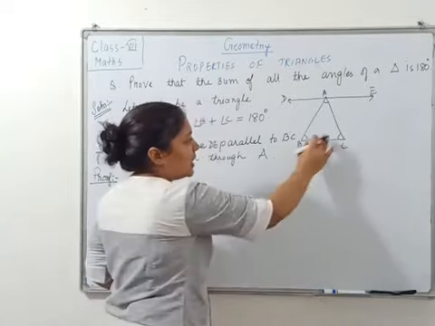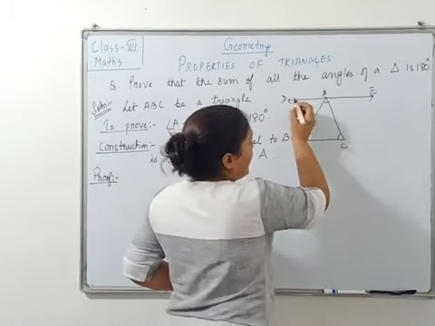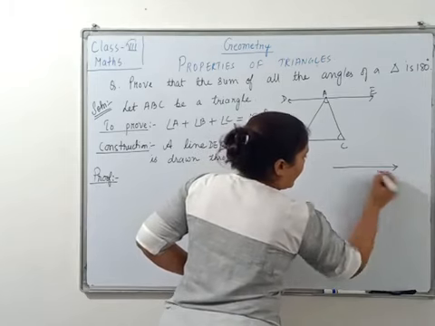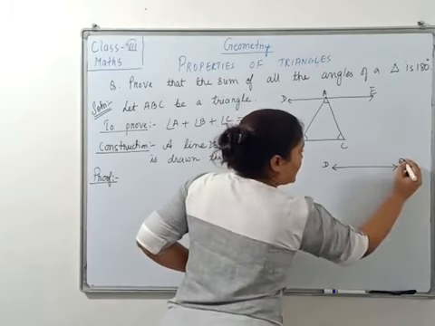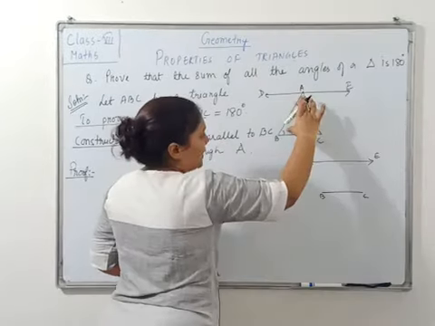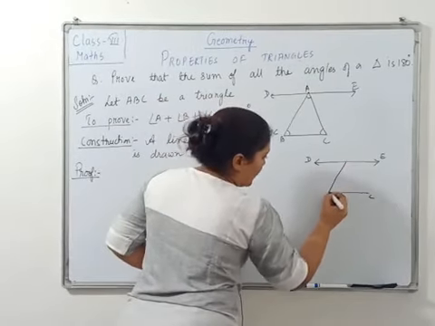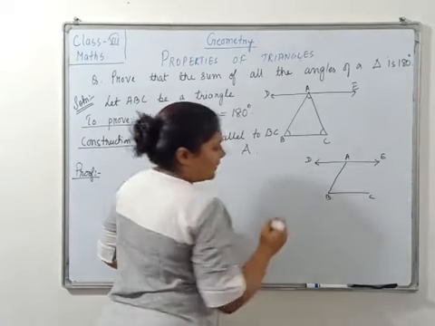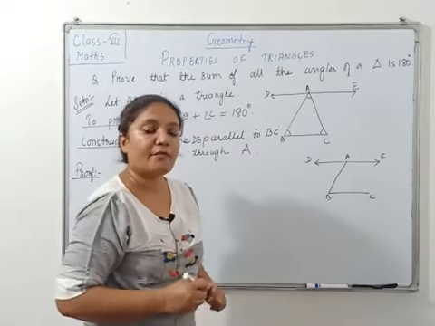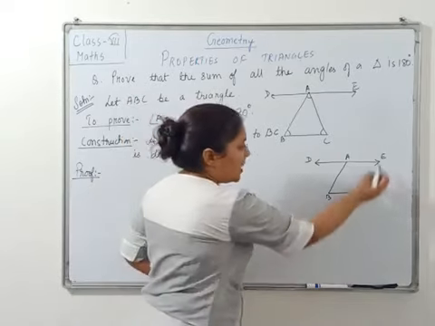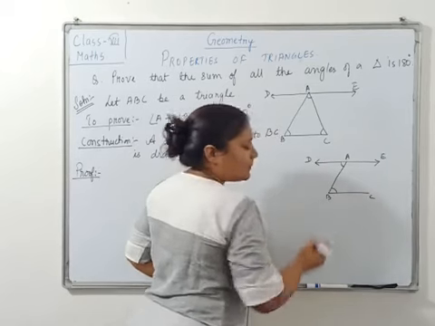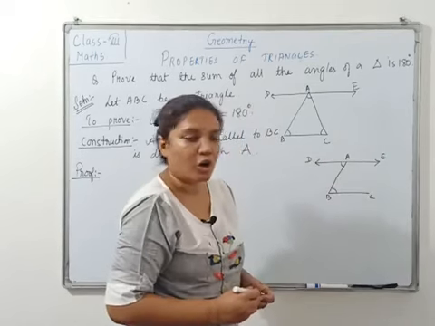Now in the diagram, suppose I draw one line separately: DE is parallel to BC, and if I take AB as transversal, which angle will be equal? By looking at this diagram, this angle is equal to this angle. Alternate angles, yes or no?